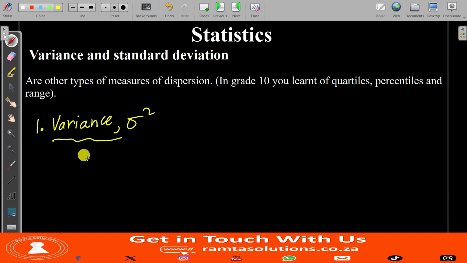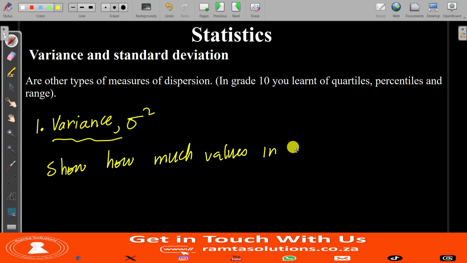So what does it do? We said it will show how much values in the data set vary from each other. That's one thing you should know.